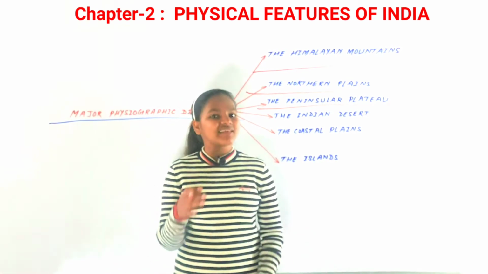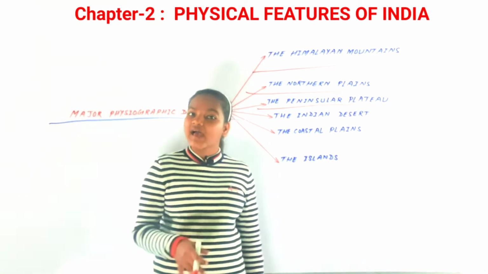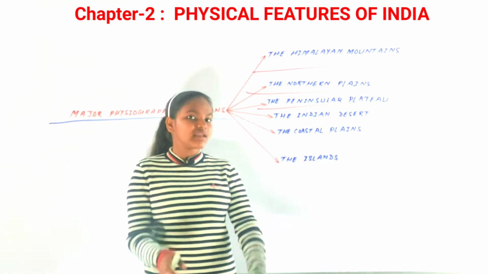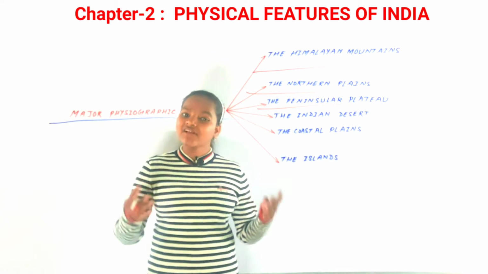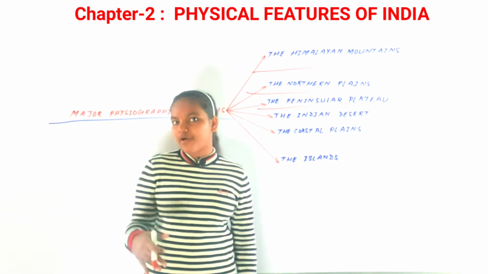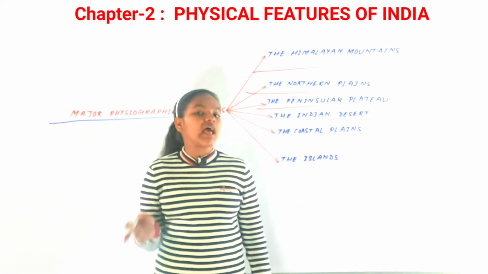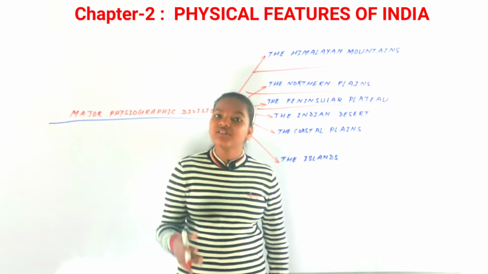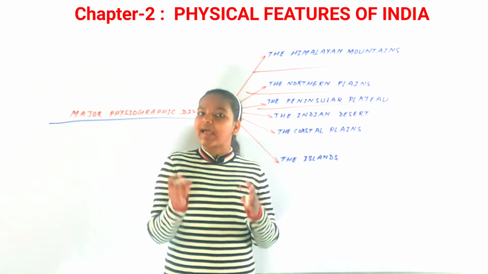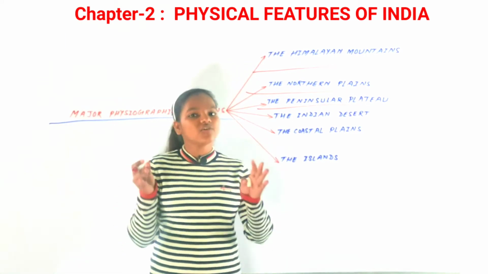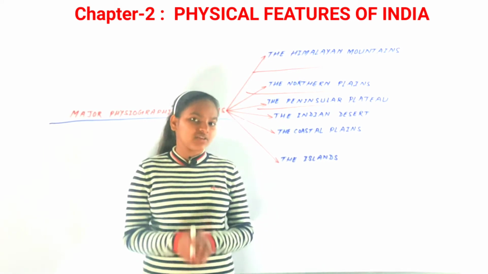Some of the eastern extensions are Bundelkhand and Baghelkhand, and furthermore the Chota Nagpur Plateau is bounded as well. So that is all about the Central Highlands.